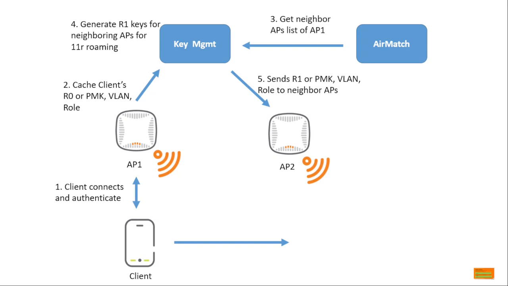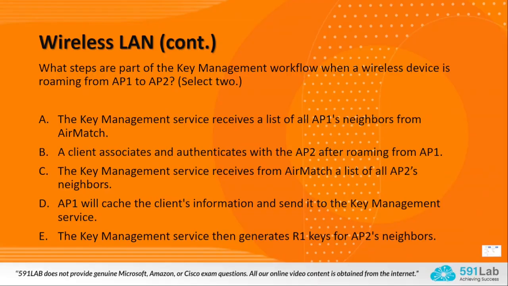In other words, these are PMK level 2 keys, and send R1 keys, VLAN and role details to AP1's neighbors. So in this case, it is AP2. Hope these steps in the key management workflow are clear. So we'll go through the answers.